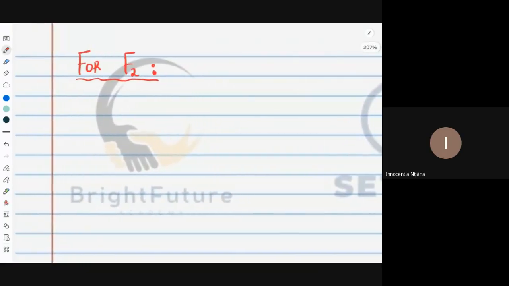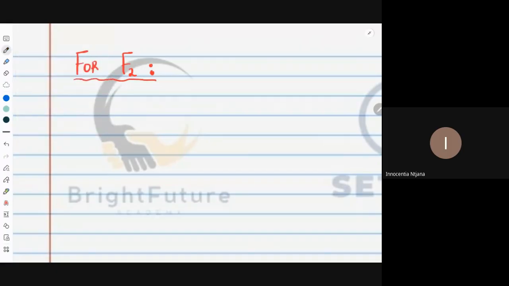So now we have F2. This is rather too long. Let's draw it like this. Okay, can't help it. Now we have F2. This is our F2.